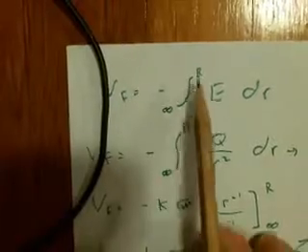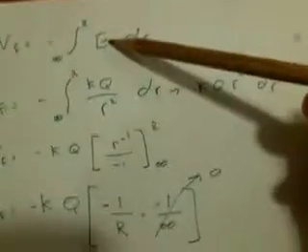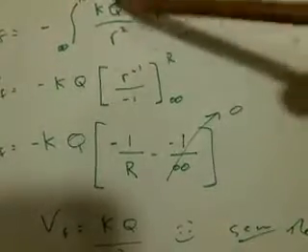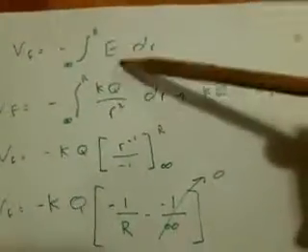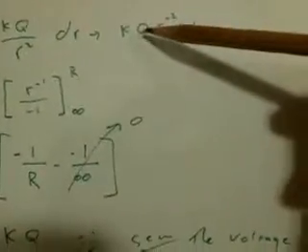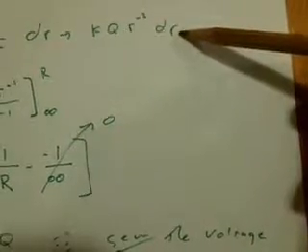So here again we have VF equal to the negative integral from infinity to R of E dr. Now, that electric field, again, is KQ over R squared. That's the formula for electric field. All I did is substitute that in there. I'm going to rewrite it to look like this: KQ R to the negative 2 dr.